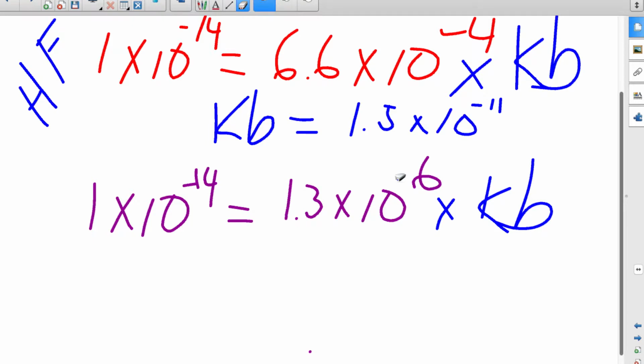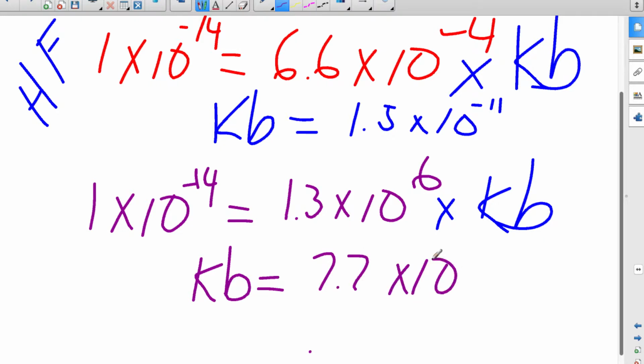So we can do the math for hydrochloric acid just like we did before. 1 times 10 to the negative 14th, Kw, is equal to the Ka, 1.3 times 10 to the 6th, times Kb. What is the value for Kb for this sucker? Turns out Kb for hydrochloric acid is 7.7 times 10 to the negative 21.